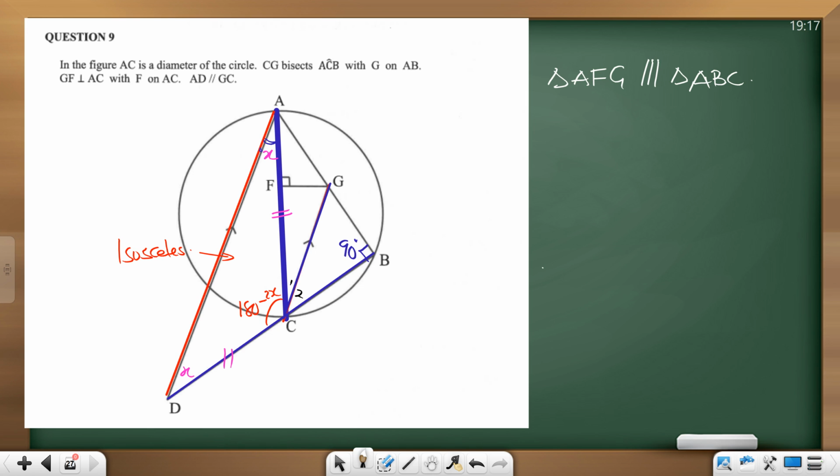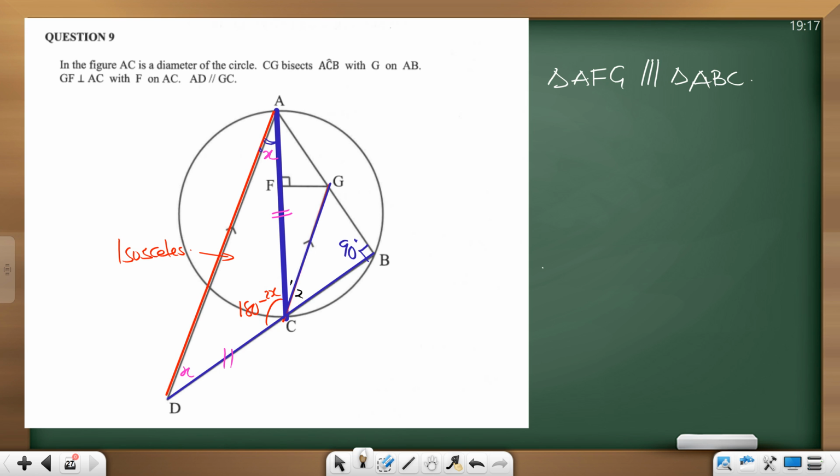To prove similarity, you need 2 angles. Now, I said to prove this, list the angles. Idris, prove 2 angles and you're done. Tanko.